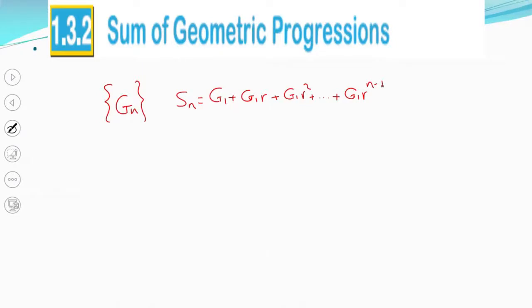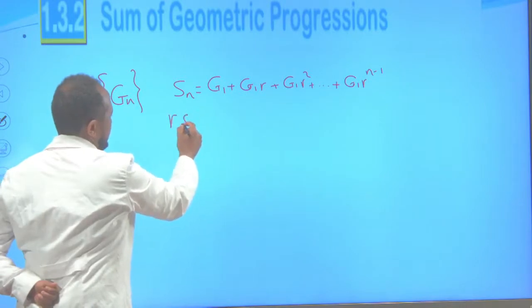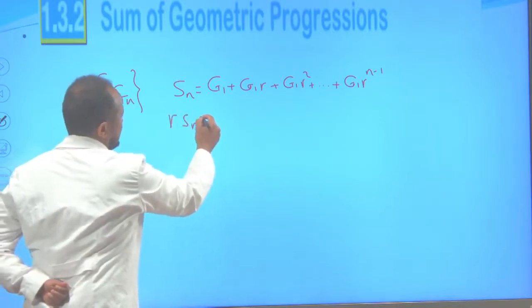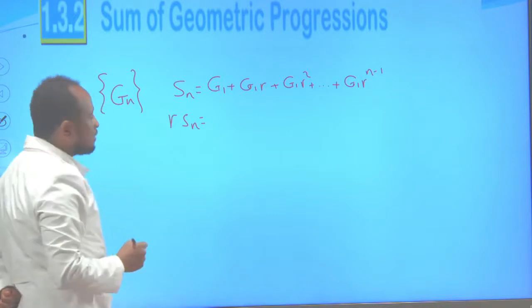Now again multiply this by the common ratio r, giving r times Sn.